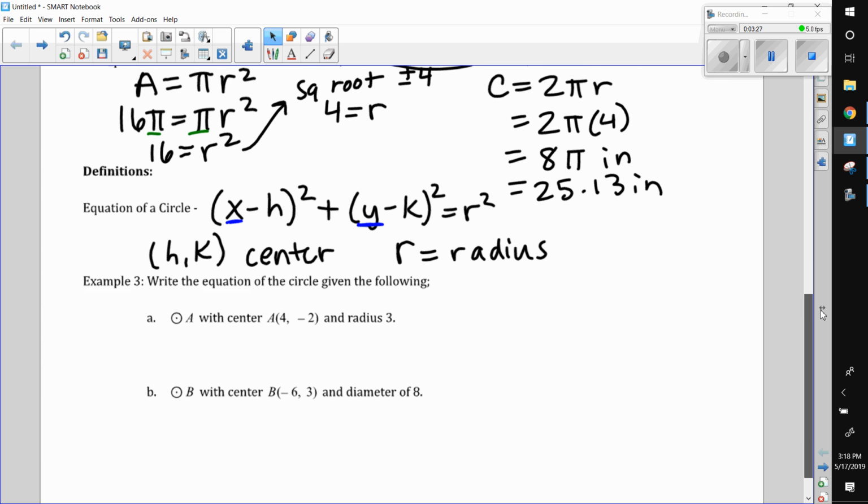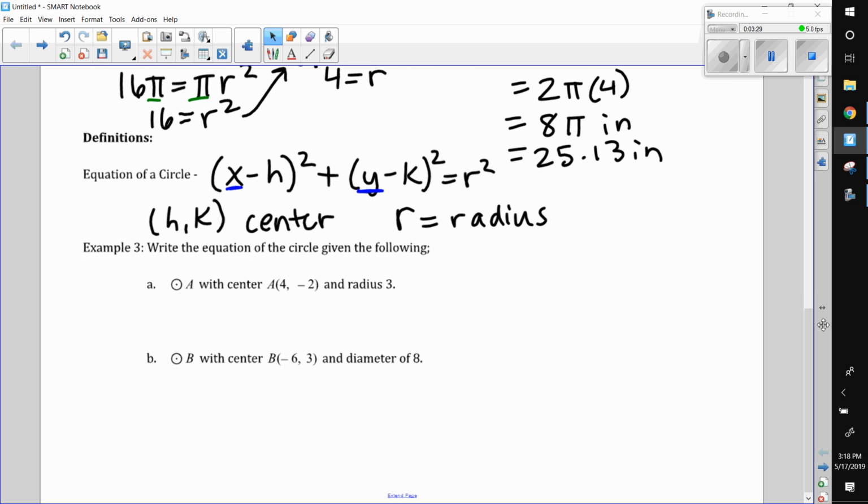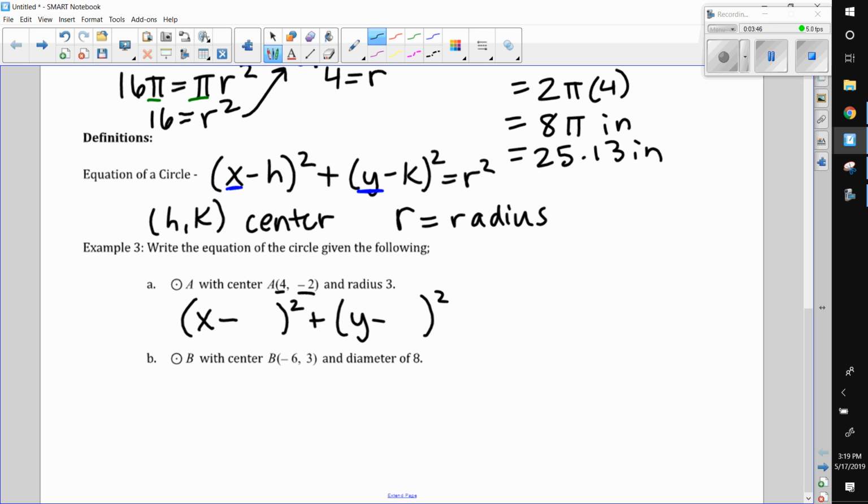If I want to write an equation of a circle here, I'm going to use the opposite. I see that I have a positive 4 and a negative 2, which means when I go to write my equation, I'm always going to have (x minus something) squared plus (y minus something) squared. So I'm going to fill these in. This will stay the same, 4, and then I'll have negative 2.